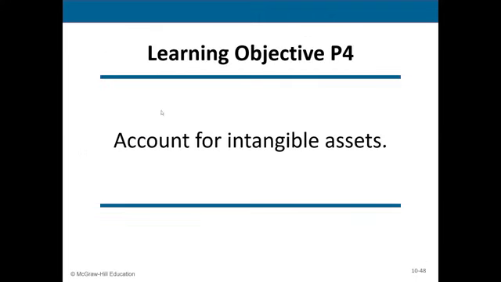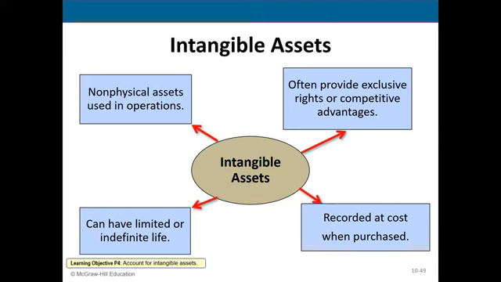And one of the last types of assets I want to talk about today is called intangible assets. Intangible assets, these are assets that you cannot physically touch. That's what the word intangible means. A copyright. You can't physically touch a copyright. Goodwill. I can't physically touch goodwill. A lease agreement.